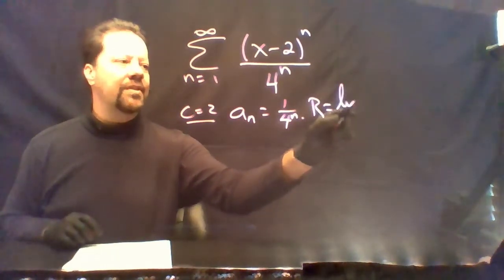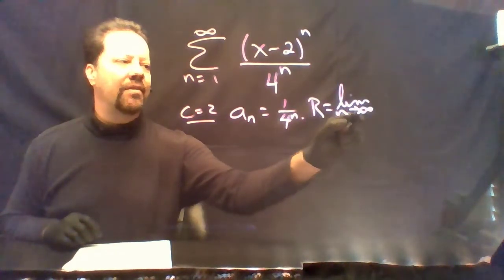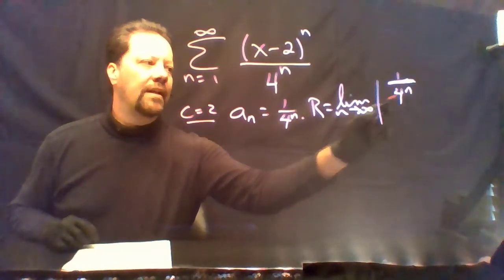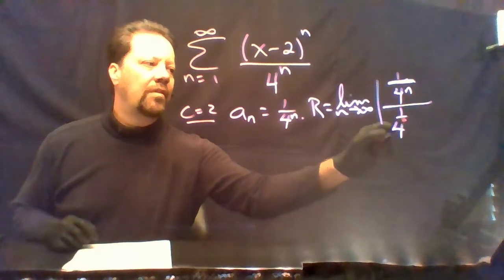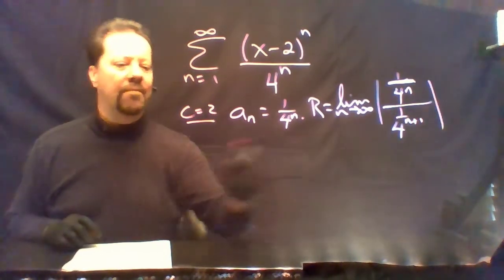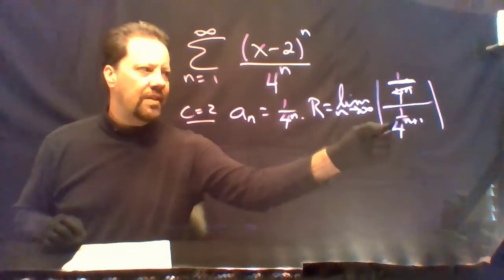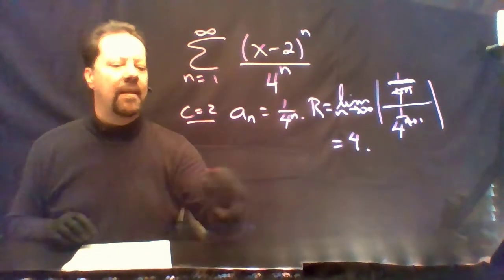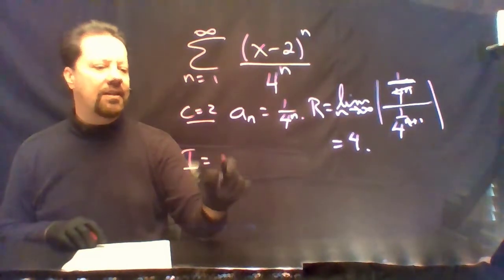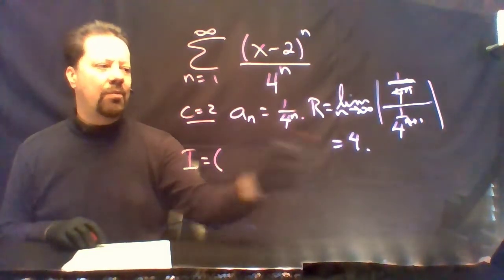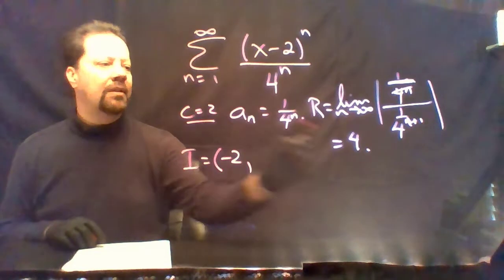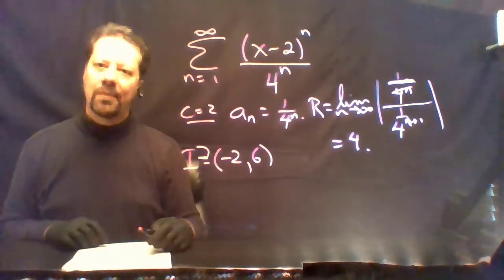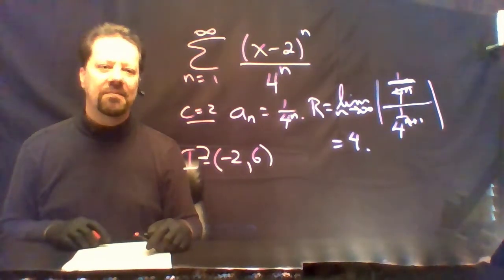The radius of convergence is the limit as n goes to infinity of (1 over 4^n) over (1 over 4^(n+1)). You can see that we're going to end up with 4. The interval of convergence is then everything from 2 minus 4, that's -2, to 2 plus 4, which is 6, or at least it contains that.